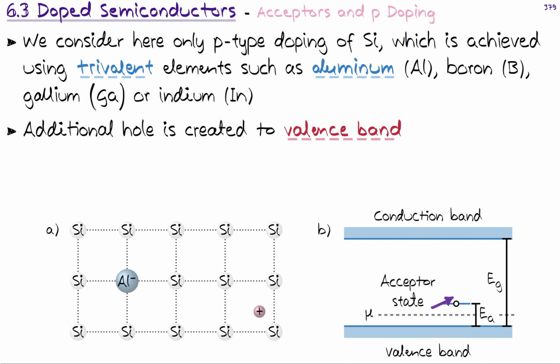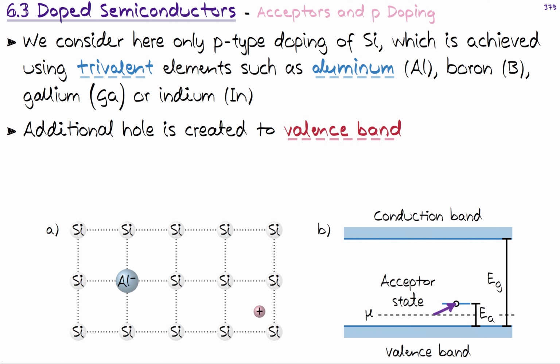This is the process, and what we want to calculate this time is, let's call it, an effective ionization energy associated with this acceptor state. I guess ionization energy is not the best term to describe what happens here, because in a way this is just accepting an electron, so nothing is being ionized.